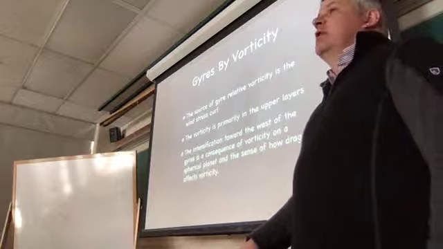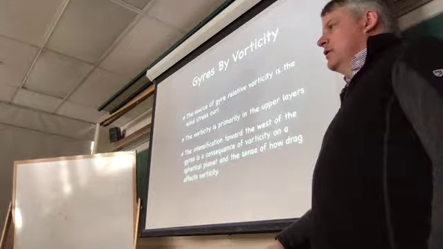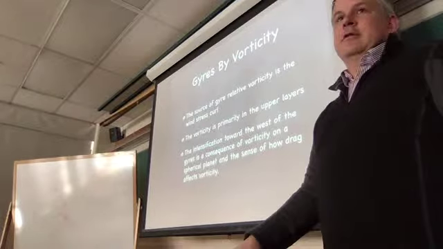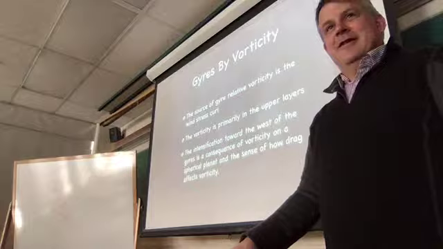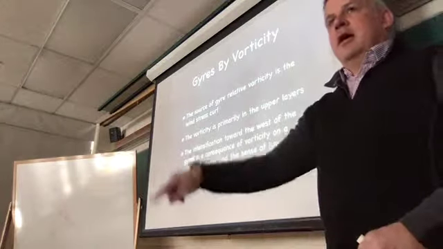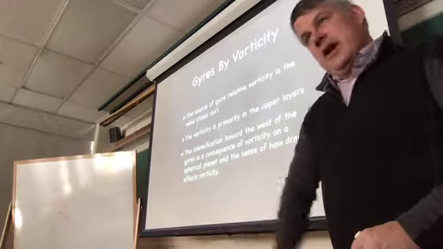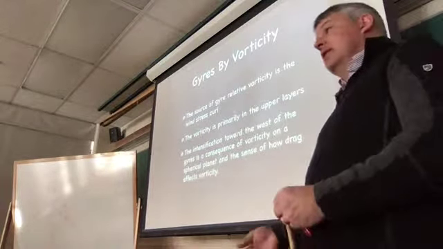Will the subtropical gyres have cyclonic or anticyclonic vorticity? Relative vorticity, sorry, clear. Anticyclonic. They're going around in a clockwise direction in the northern hemisphere. They're a high pressure system, so they would have anticyclonic vorticity.